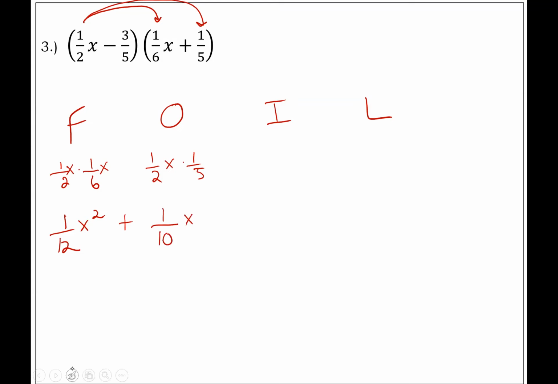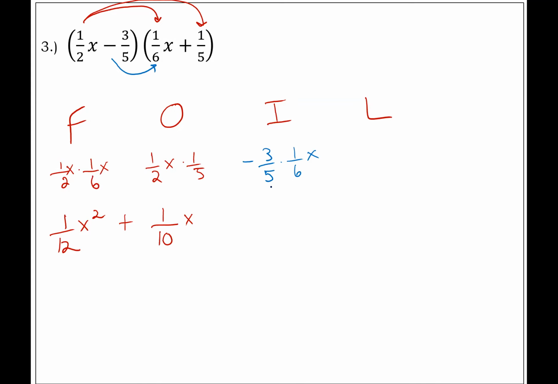Now for my inside terms. -3/5 times 1/6 x. I can multiply across, or I can reduce. Let's see, which should I do first? If I multiply across, this would be 3 over 30.